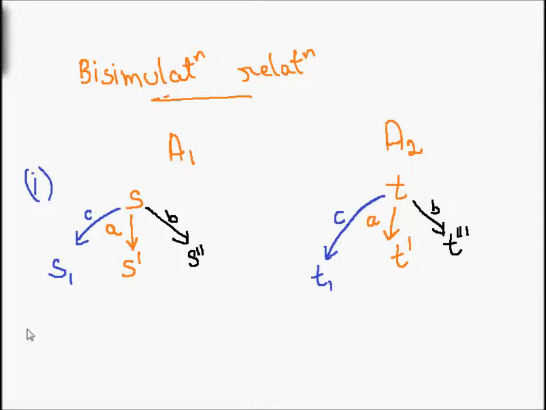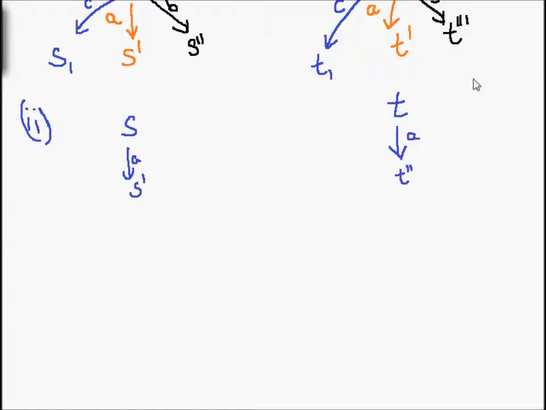The second condition is just the vice versa. If there is a transition in the second label transition diagram, like T to T dash with an A, I should have in the first transition diagram also an A from S to S dash. So the same thing follows here, what we had learned from the first rule.